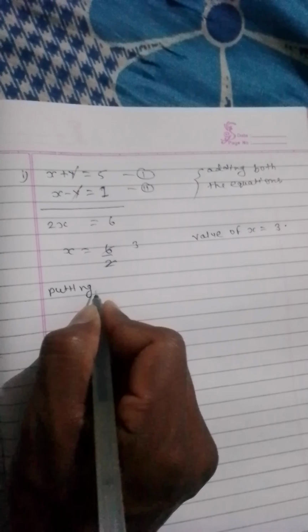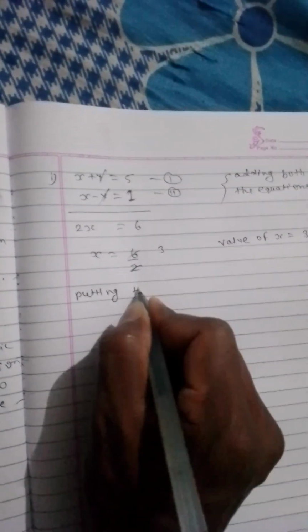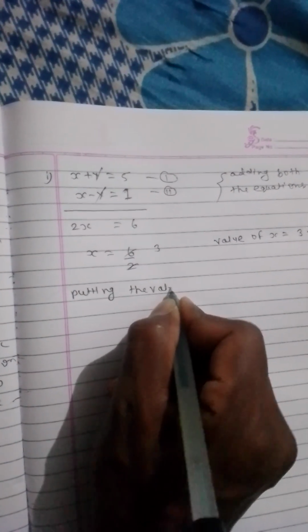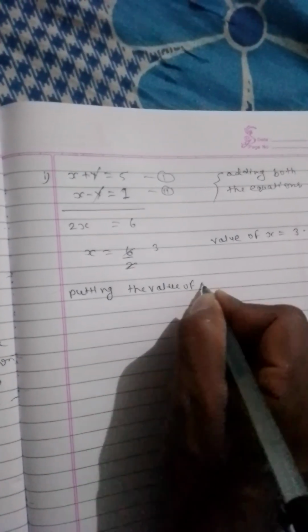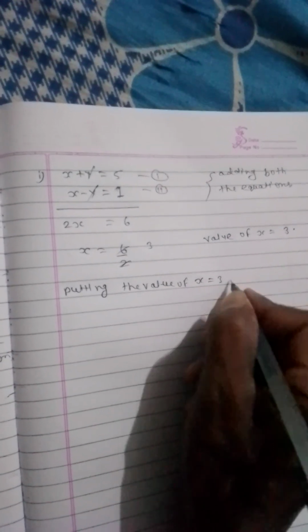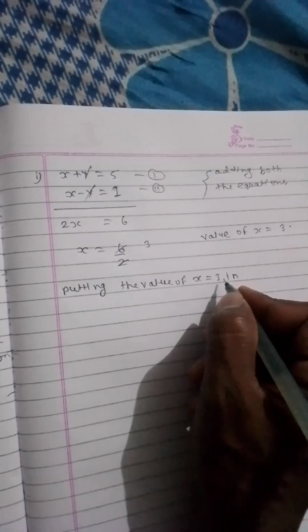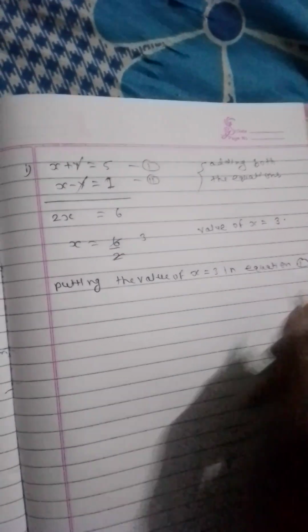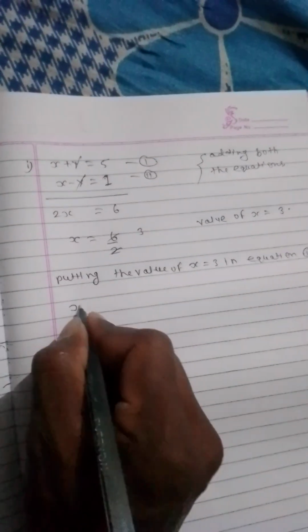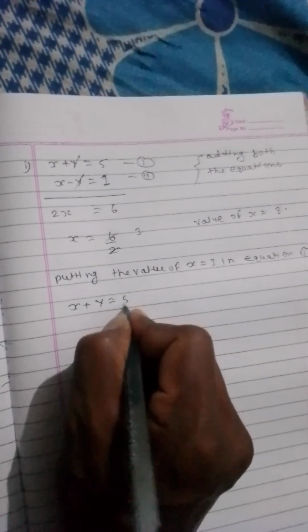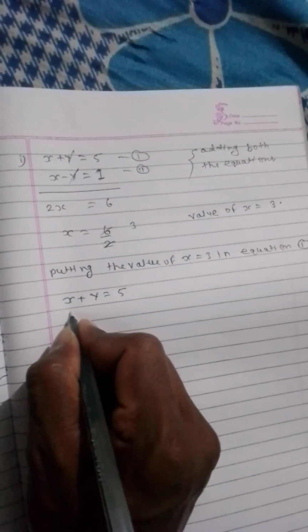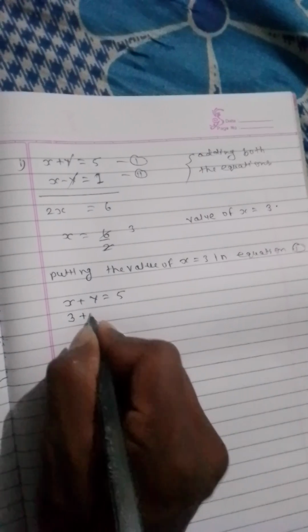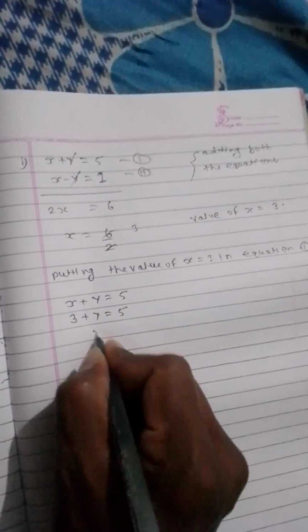If we want to find the value of y, then we will put the value of x equal to 3 in any equation. I will prefer to put in 1. So x plus y is equal to 5. What was the value of x? 3 plus y is equal to 5.